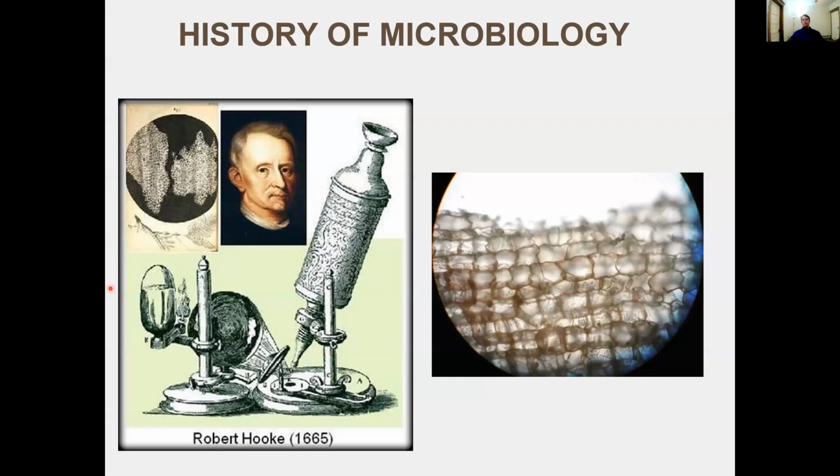He also reported seeing similar structures in wood and other plants. Cork cells are of course much larger than bacteria, so his microscopes could not view most microorganisms. However, his work was an important contribution to microbiology because it started the notion that there are biological structures too small for the naked eye to see without the aid of a microscope system.